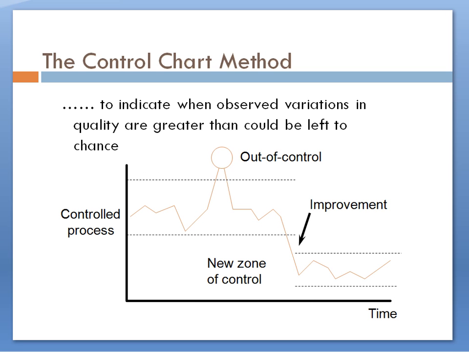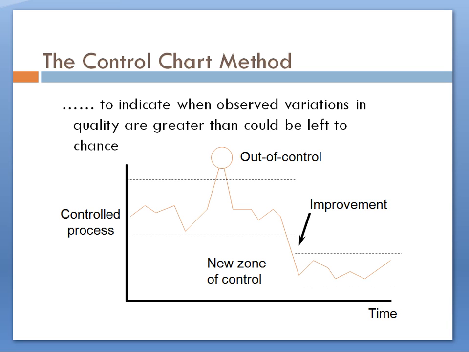Now, when we see this type of variation, a good method to determine variation is using the control chart method. They're used to indicate when observed variations in quality are greater than could be left to chance.